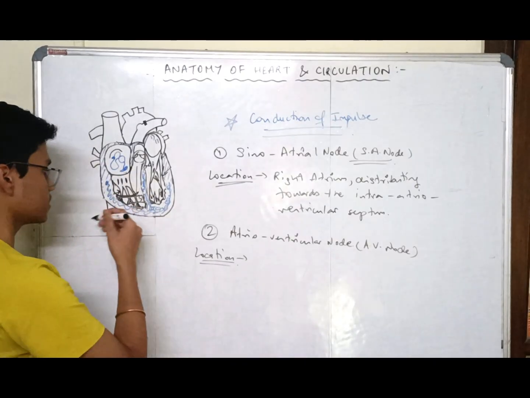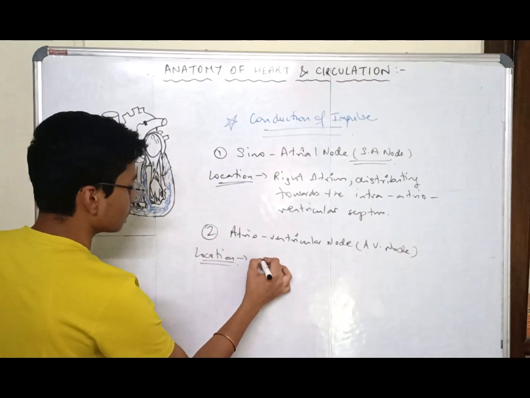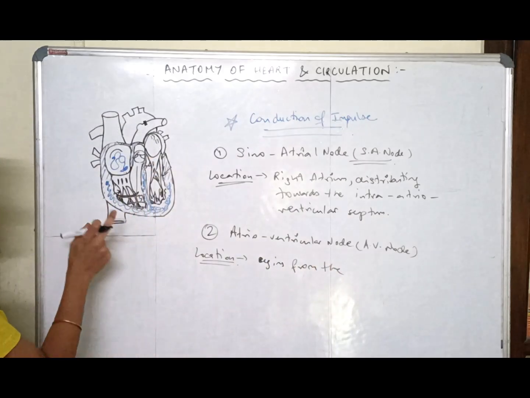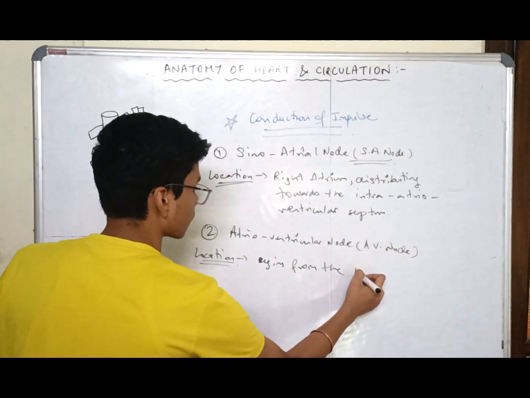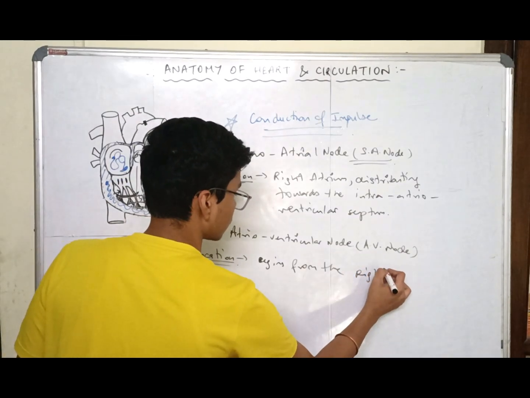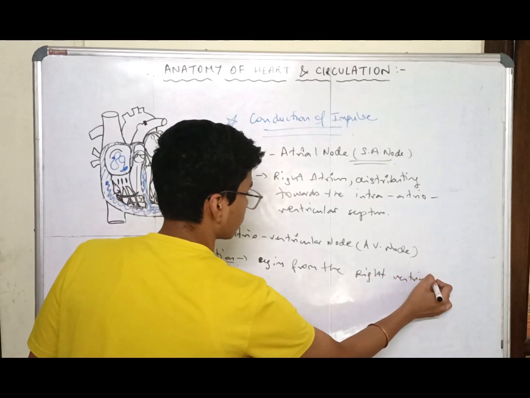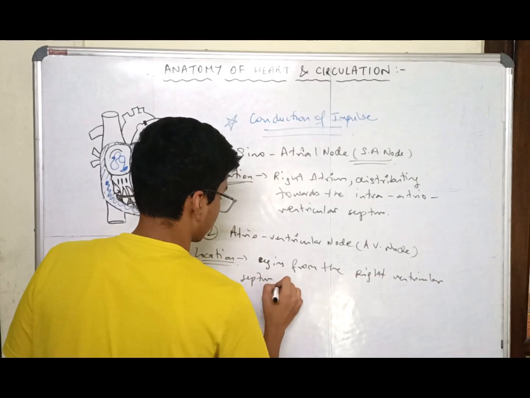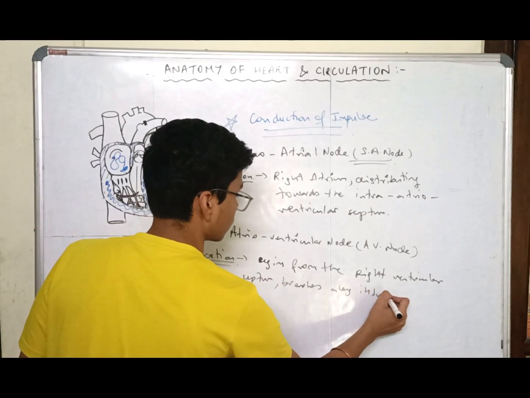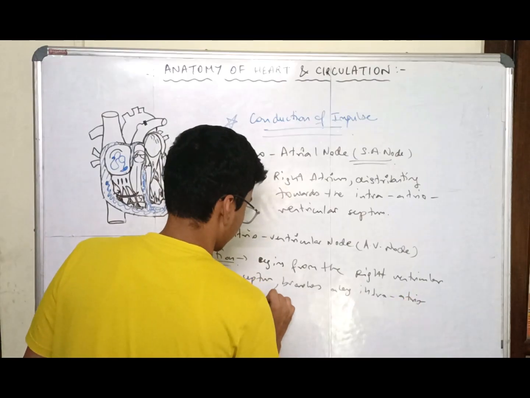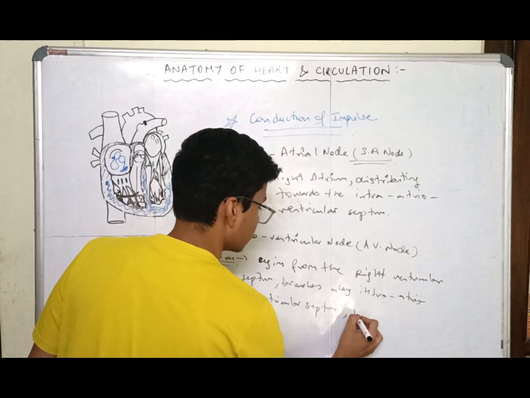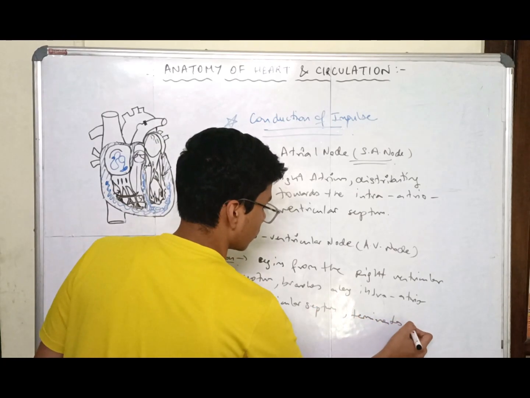Now, location, just from this diagram you can tell that it exactly begins from the, not the left but right ventricular septum, branches along the intra-atrioventricular septum and terminates along the left ventricular septum.